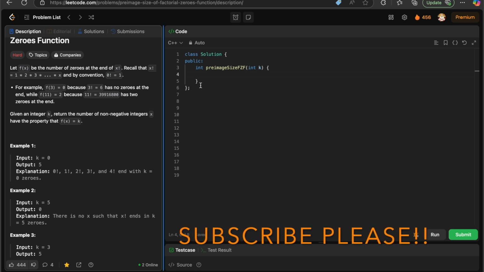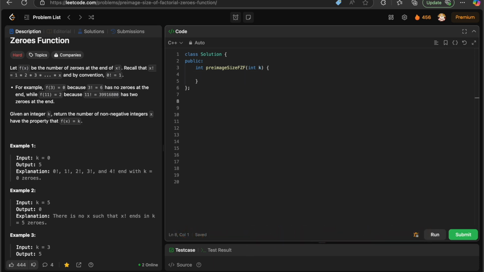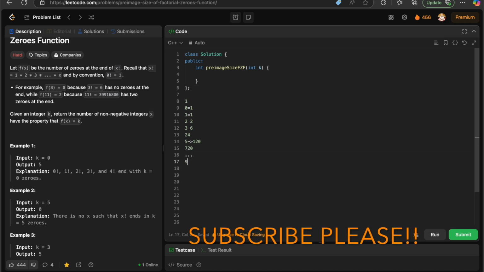equals k. So for example, if k equals 1: 0 factorial is 1, 1 factorial is 1, 2 factorial is 2, 3 factorial is 6, then 24, then 120 for 5 factorial, then 720, and so on until 9 factorial.